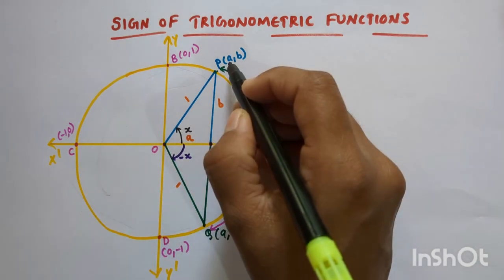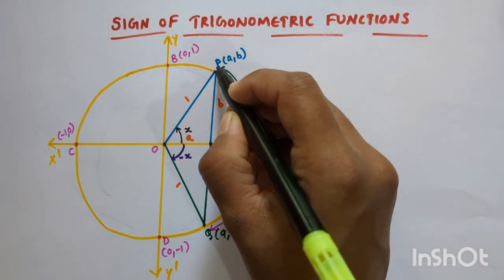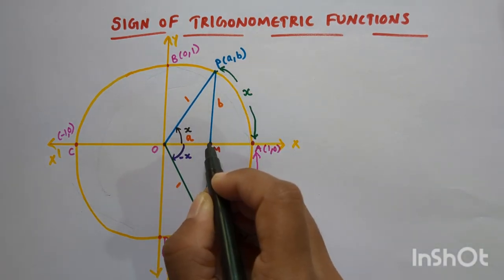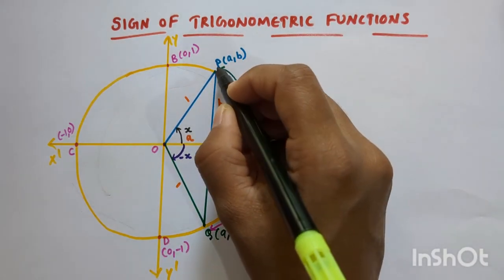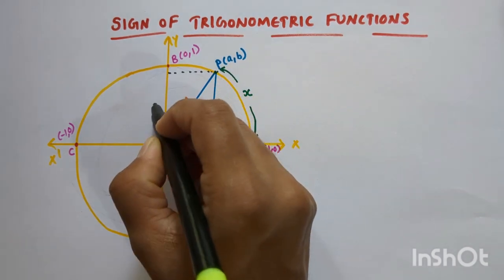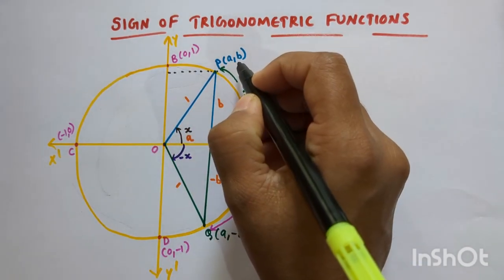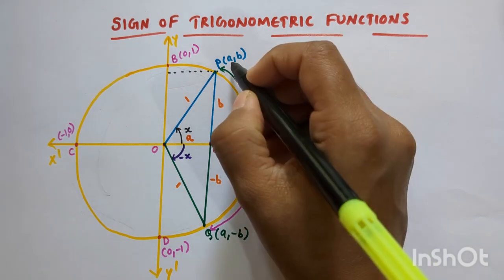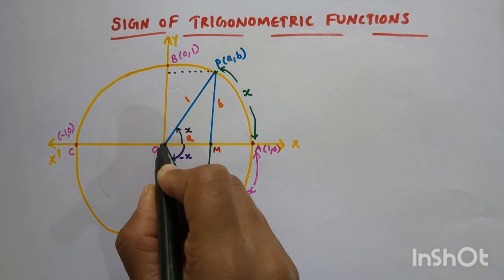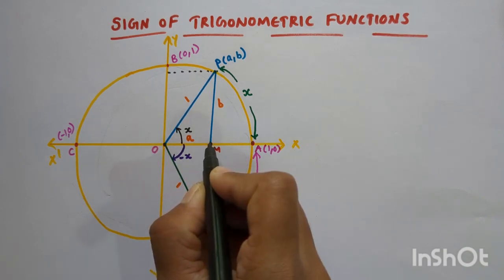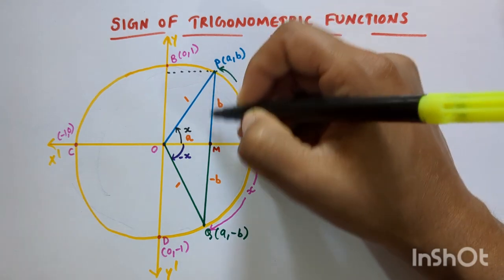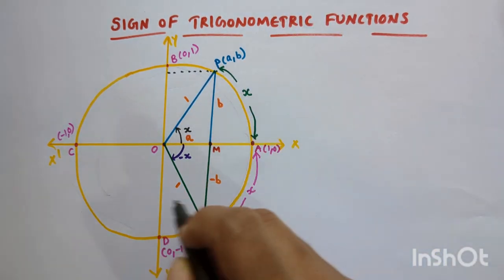A is the x-coordinate of this point P, so from O to this point, the length is A. B is the y-coordinate of P, so this length is equal to B. From O to M, the value will be A. Then from here to here, this length will be equal to B.